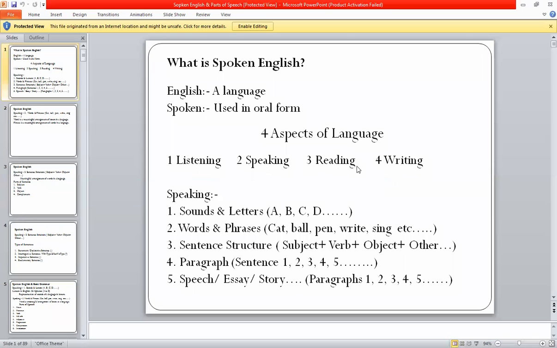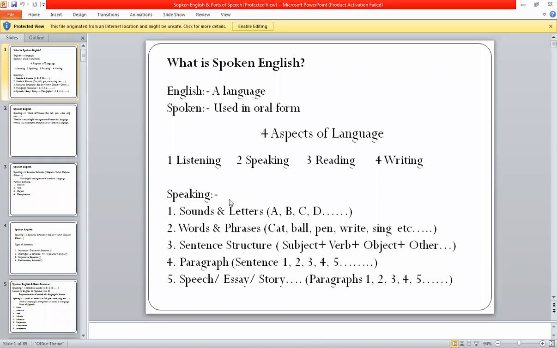Okay, so these are very important four aspects, and speaking is very much important aspect we need for today's time. Okay, आत्ताचा जो काळ आहे, okay, whatever the today's or we can say that current time. This current time requires the speaking English aspect is very much important.